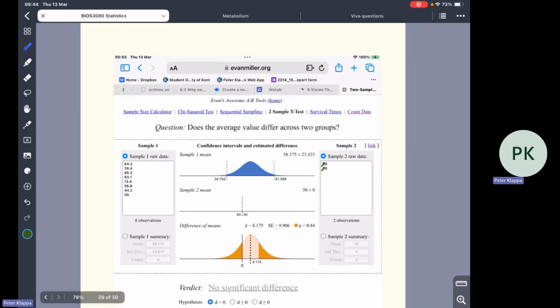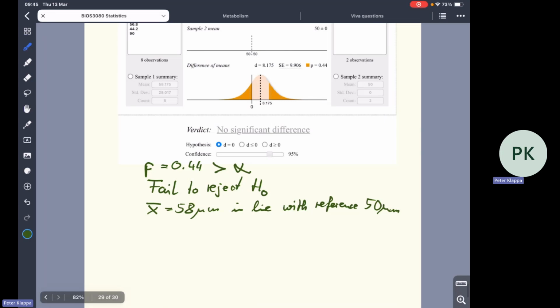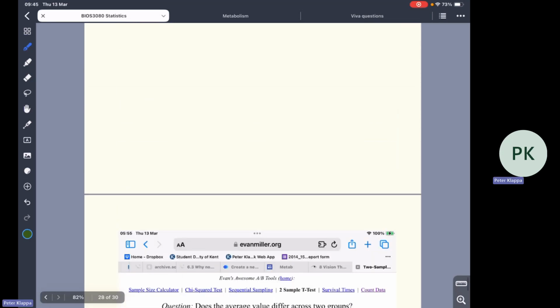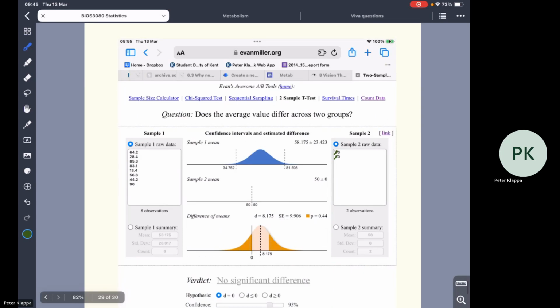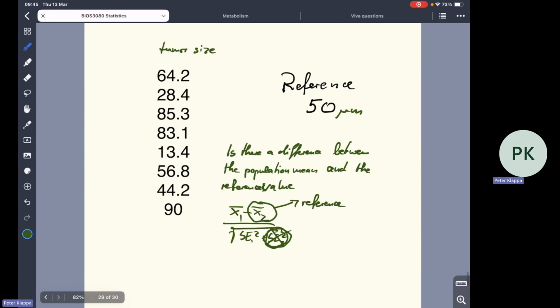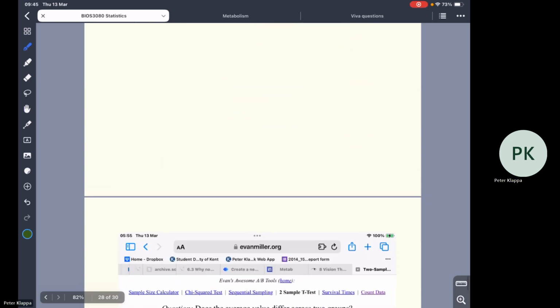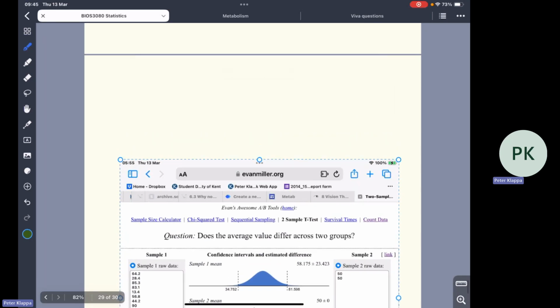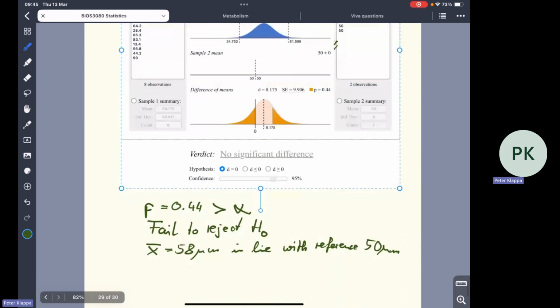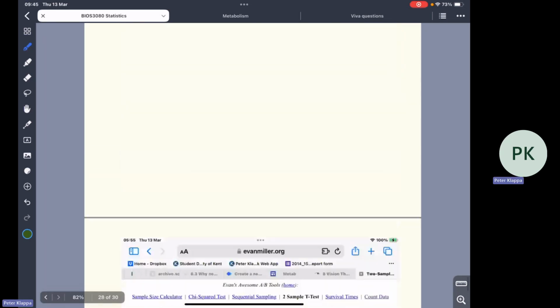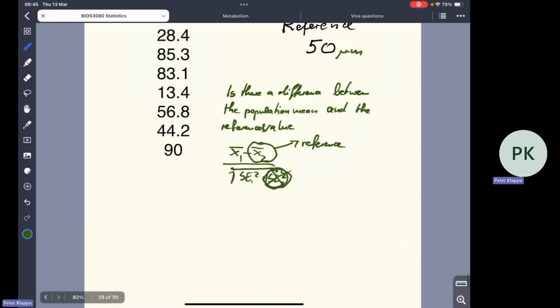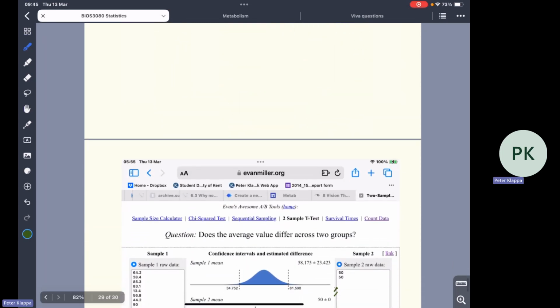So this is actually how we would deal with the two sample matched or paired t-test.